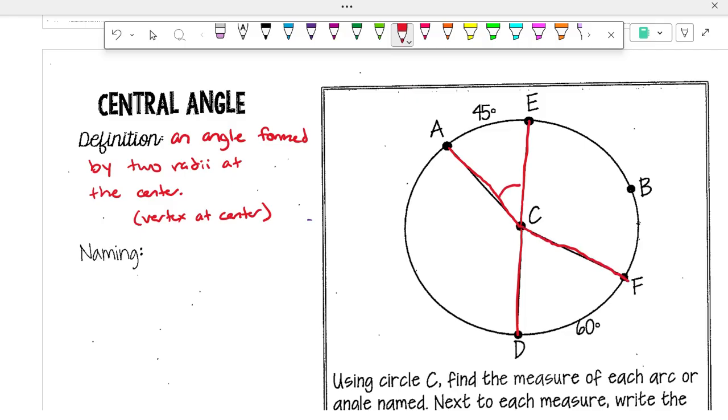So this is a central angle, this is a central angle, this is a central angle, and this is a central angle. So all of these are central angles. And let me write what's inside.